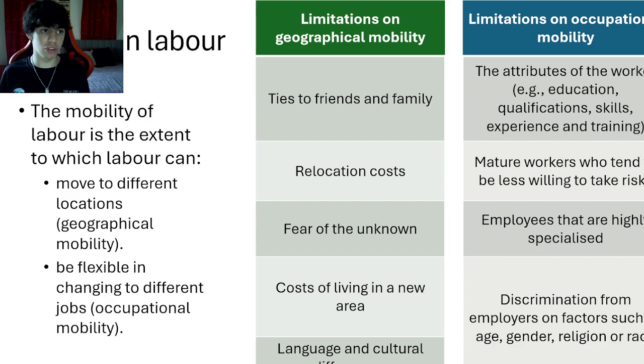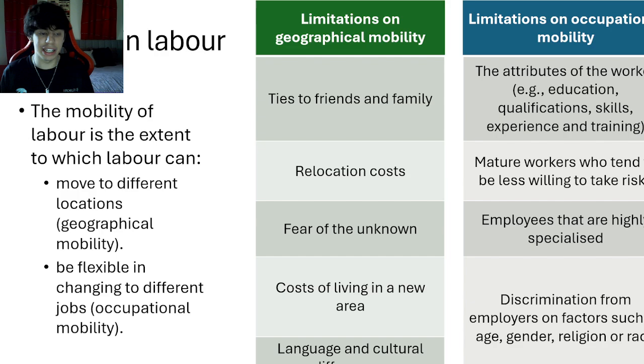Limitations on occupational mobility may be the attributes of the worker, for example, the education, qualifications, skills, experience, and training the worker has. And then mature workers, who tend to be less willing to take risks, may also have less occupational mobility.